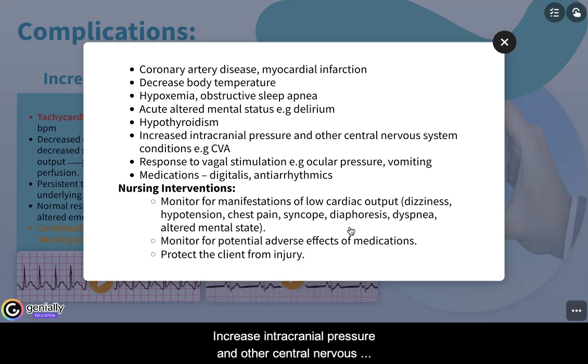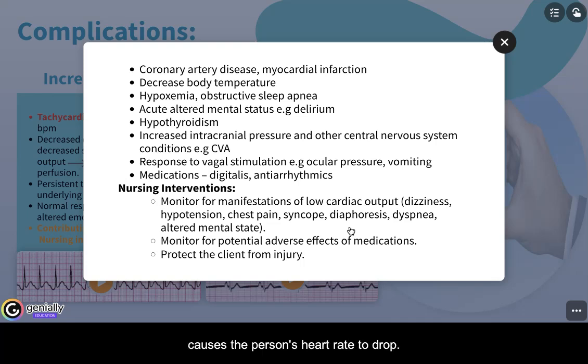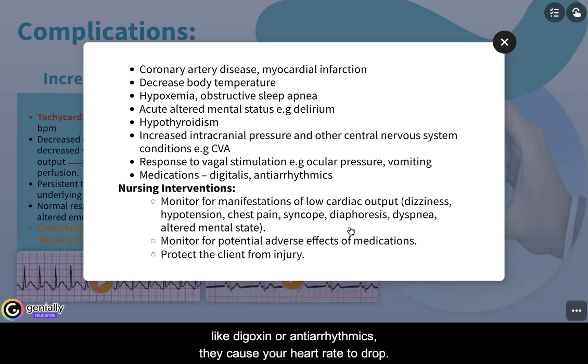Increased intracranial pressure and other central nervous system conditions, for example, a stroke, can cause low pulse. Response to a vagal stimulation, for example, ocular pressure, vomiting. Remember we said when you're checking the rectal temperature, be very careful to not give the patient a vasovagal response, because the vagal stimulation causes the person's heart rate to drop really low. Medications, for example, digitalis like digoxin or antiarrhythmics, cause your heart rate to drop.